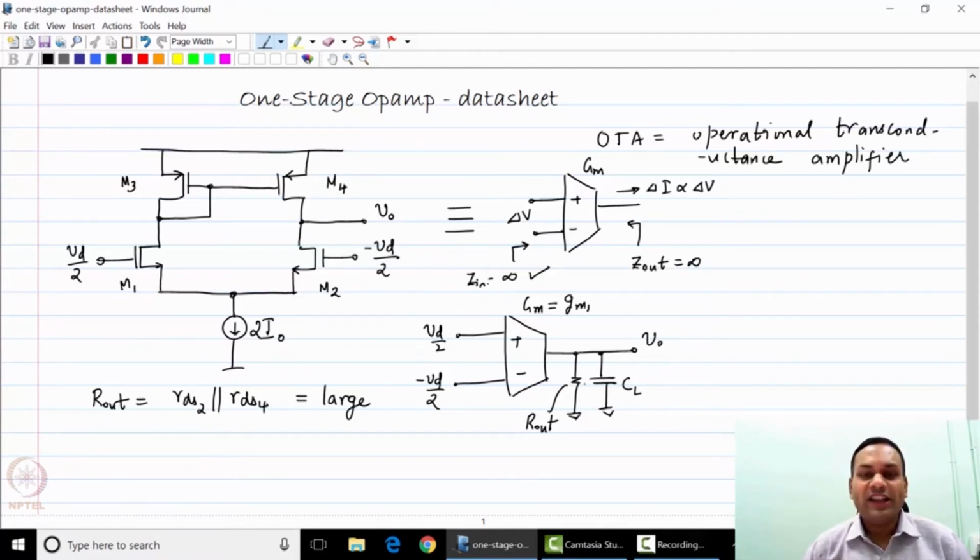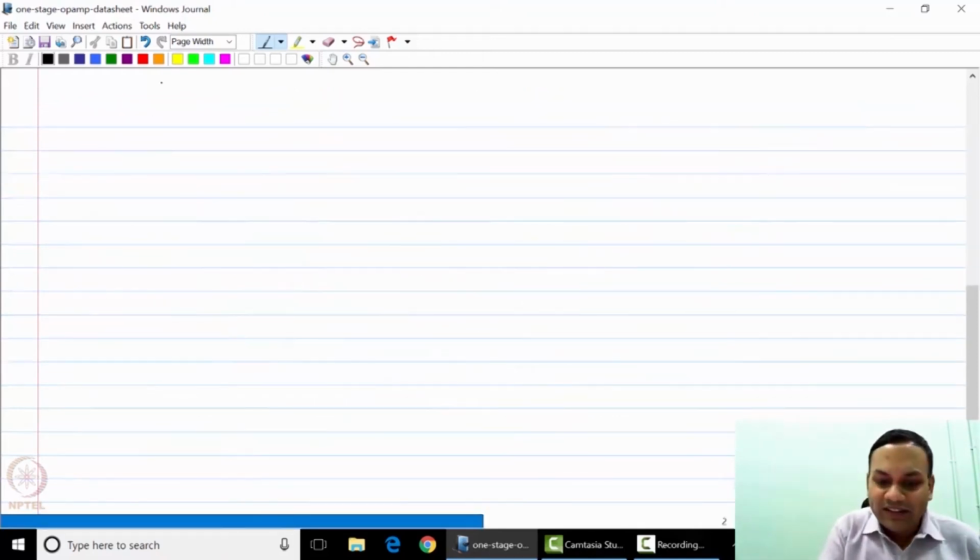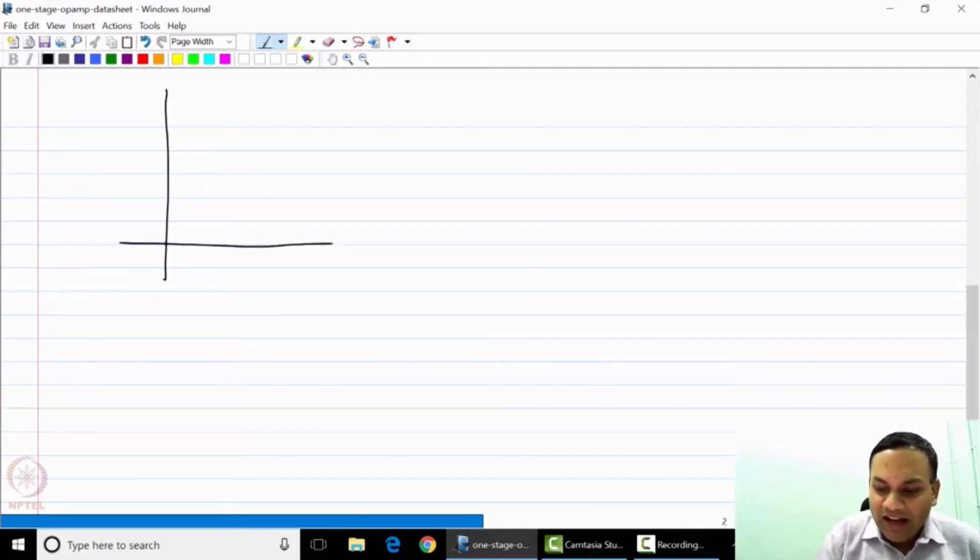Now if you were to draw the gain of this op-amp as a function of frequency when driving this capacitive load, it would look like this. So I am going to draw only the magnitude plot. I encourage you to draw the phase plot as a homework exercise.